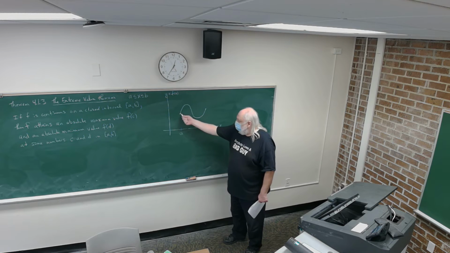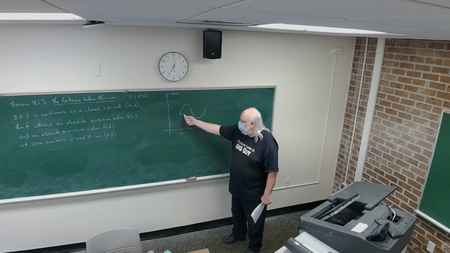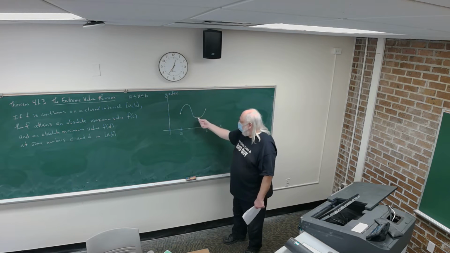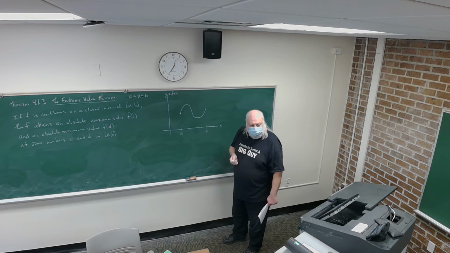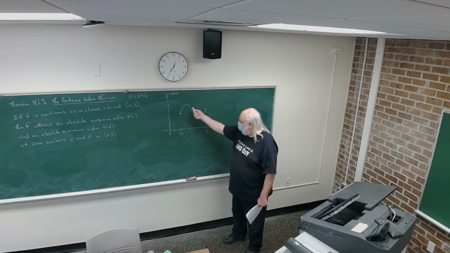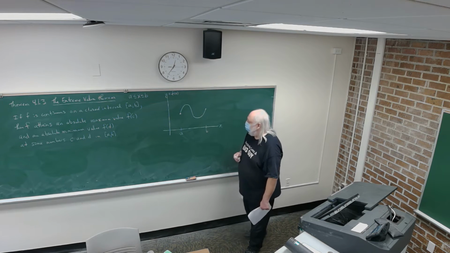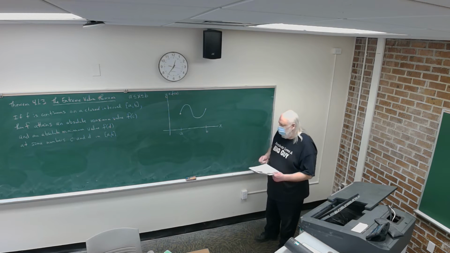Remember from your high school algebra, if it's continuous, you can trace out the graph of the function without lifting your pencil off the paper. And you can see that this is the case here. We can trace out the graph of f of x from x equals a to x equals b without lifting our pencil off the paper.